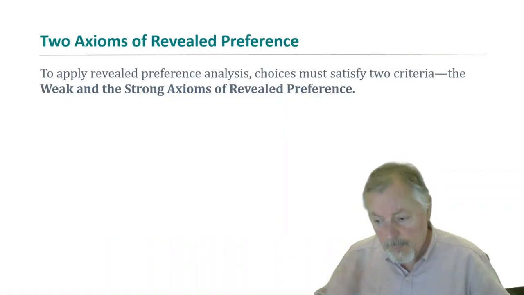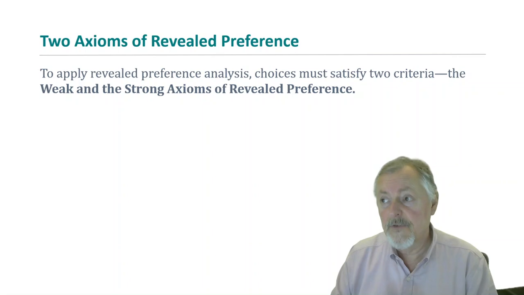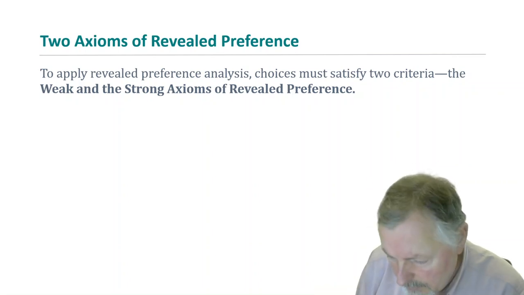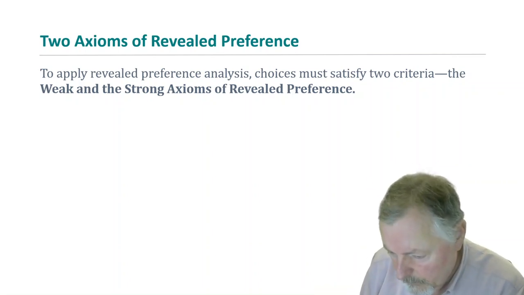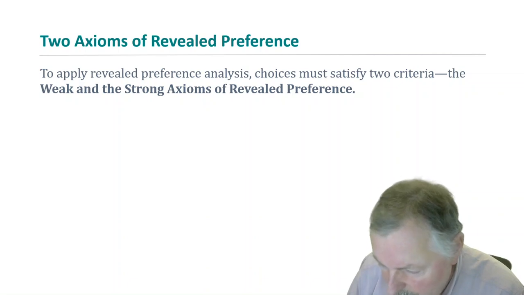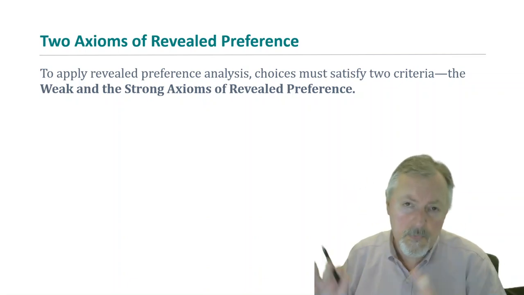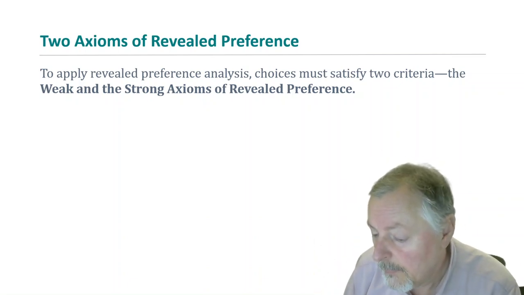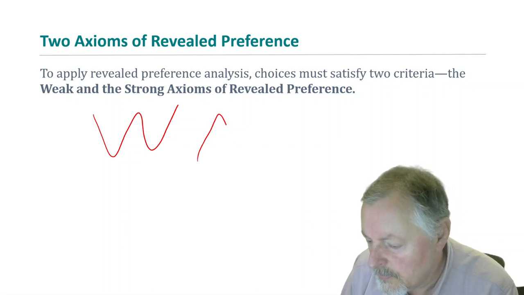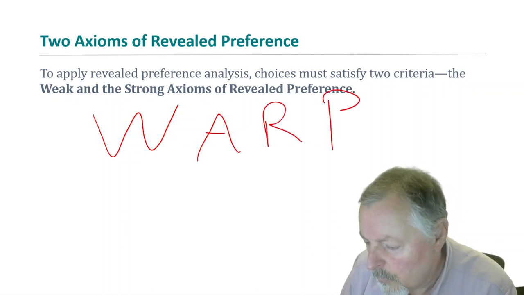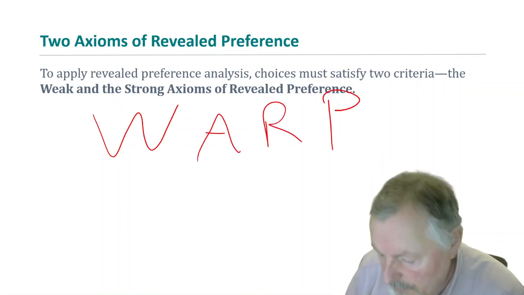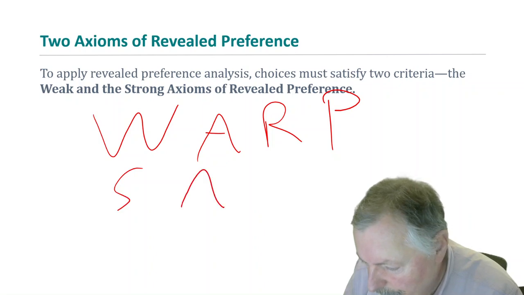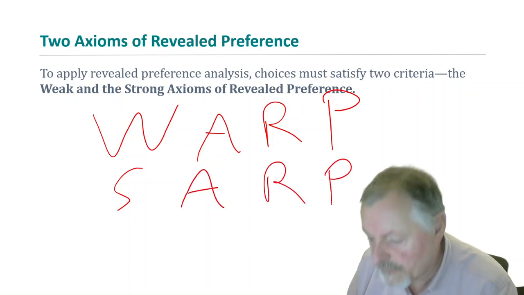Now, two axioms of revealed preference. Actually, there are three. The third one we're not going to get to in this course, I don't think. The first one is WARP. The second one, SARP.